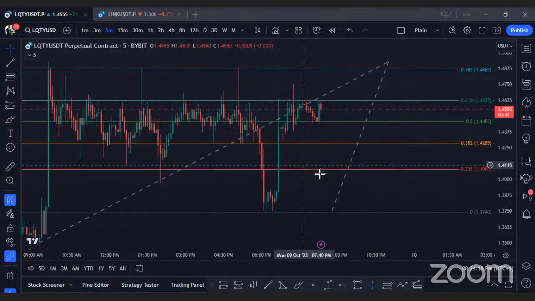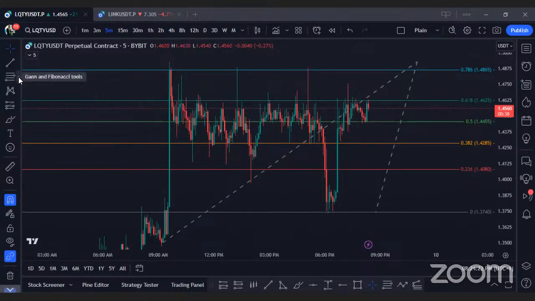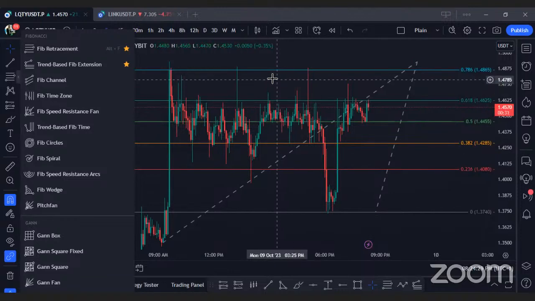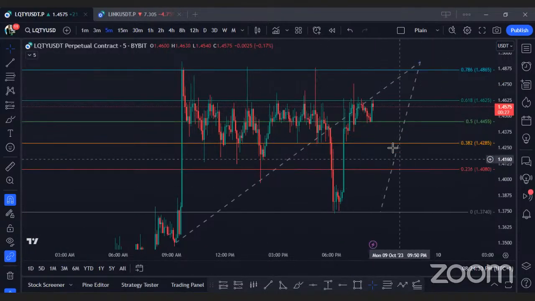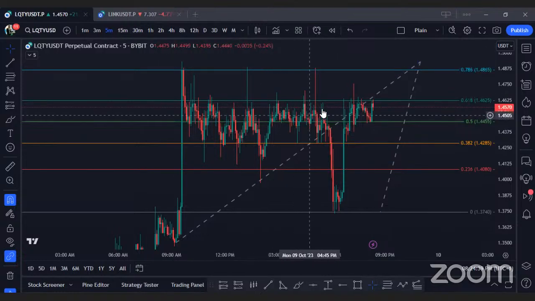So this is how you use the Fib retracement tool to spot levels, and then the trend-based Fib retracement tool to actually spot out levels on your chart to know which areas this market could possibly be bouncing, going up to. All right. Now to look at a full retracement for this.